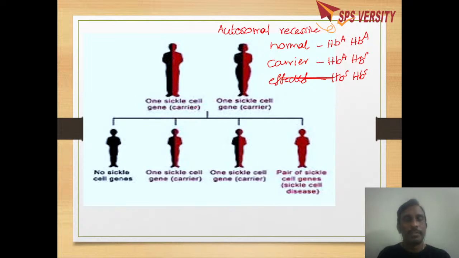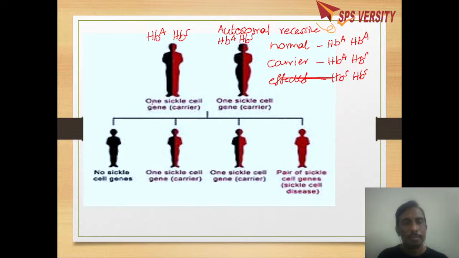In this picture, the male is a carrier of one sickle cell gene, that means the genotype is HBA, HBS. The female is also a carrier, HBA, HBS.